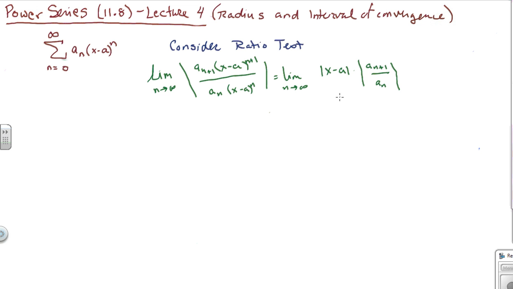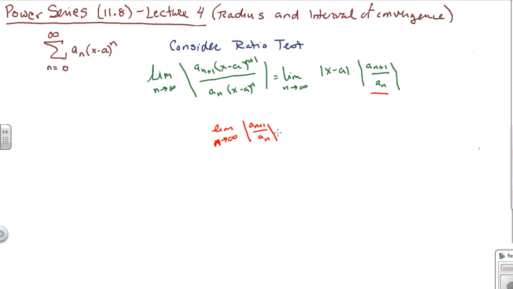There's three things that can happen, but they all depend on what's happening to this portion right here, right? Let's look at the limit as n goes to infinity of a sub n plus 1 over a sub n.